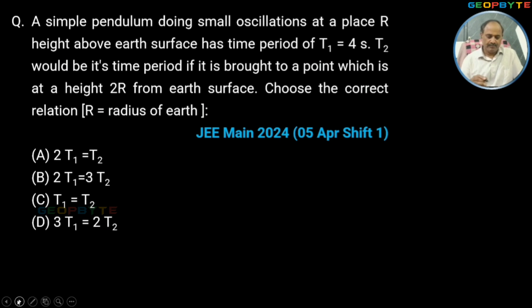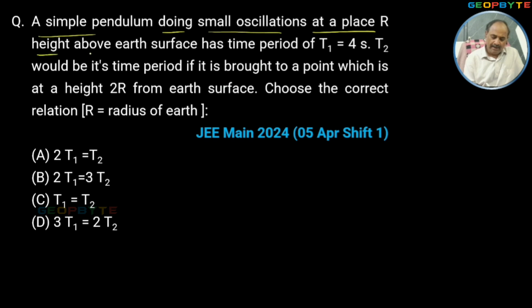Look at this problem. It is asking like this. A simple pendulum doing small oscillations at a height above the earth surface has time period t1 equal to 4 seconds. t2 would be its time period if it is brought to a height of 2r.